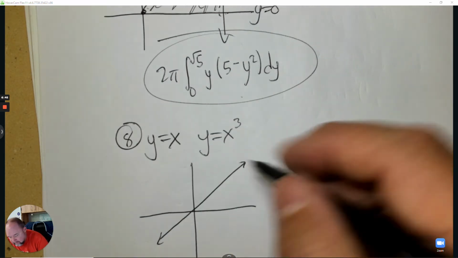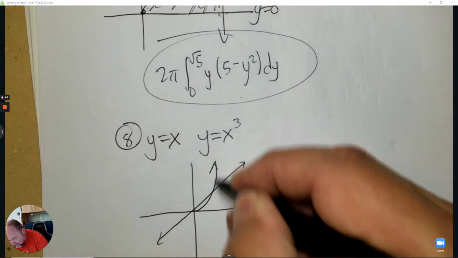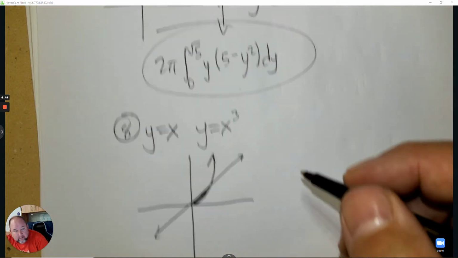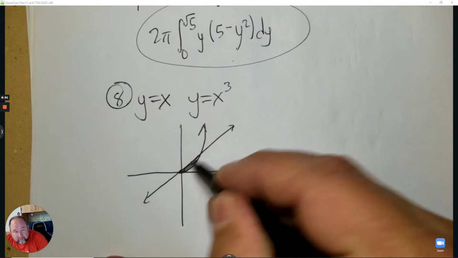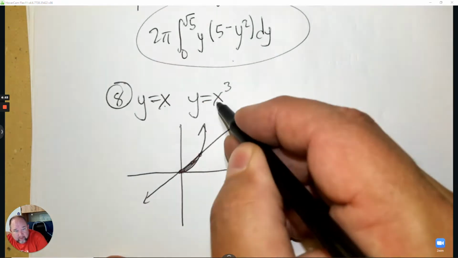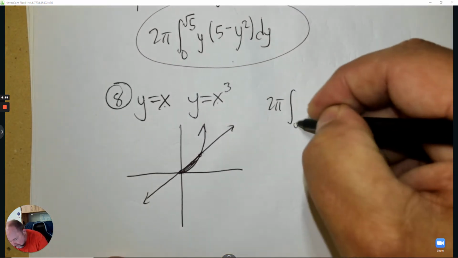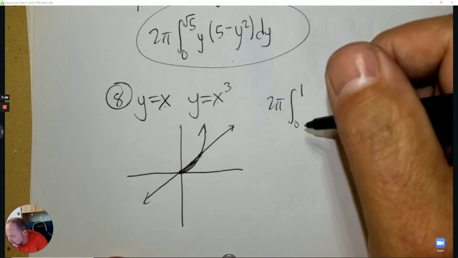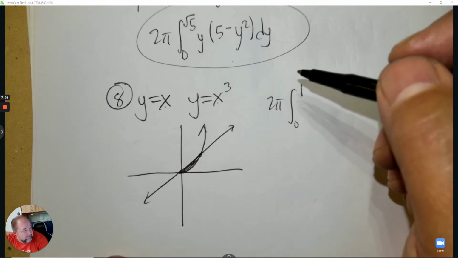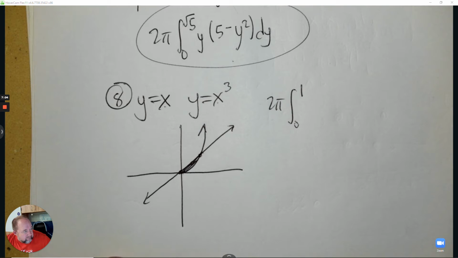It's only in the first quadrant, so I just need to curve this up, and it's this area right in here. So you can see it goes from 0 and then 1, because if you plug in 1, you get the same answer. So 0 to 1, so it's 2 pi, 0 to 1. And I'm going to revolve it around the x-axis, so that means it's in terms of y.